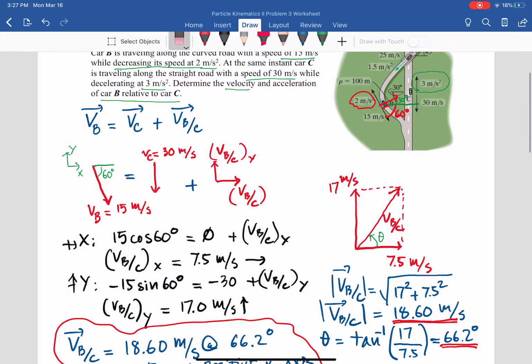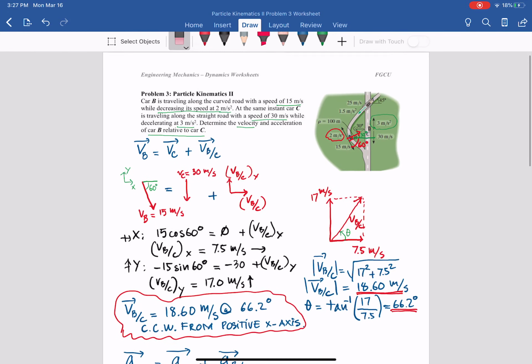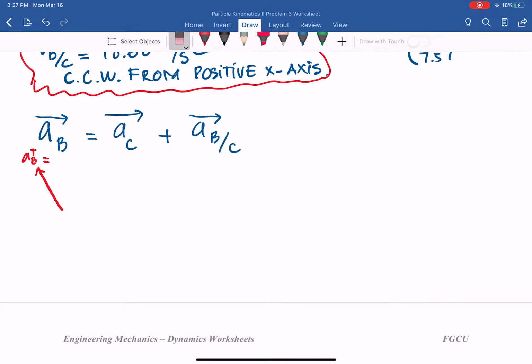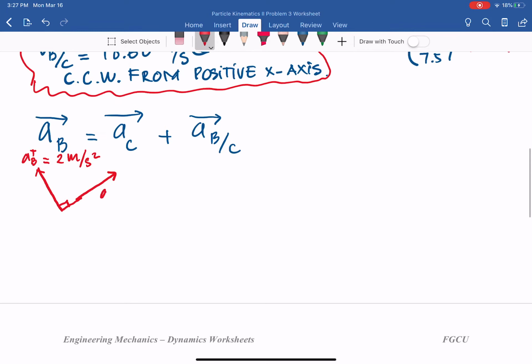The other component is the normal component, which goes to the center. These two components have to be at a right angle. That is ABN. And what is ABN?